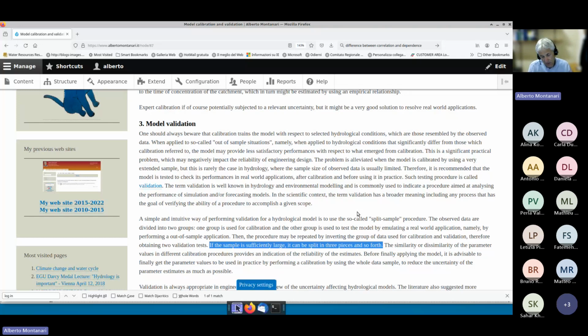Then a possible solution is to repeat the calibration using the entire data set, so that at the end you get a final value of the parameters that has been optimized over the whole data set. This is reasonable. Of course, this final value is not validated, cannot be validated, because you used all the data, you don't have data left for validation.